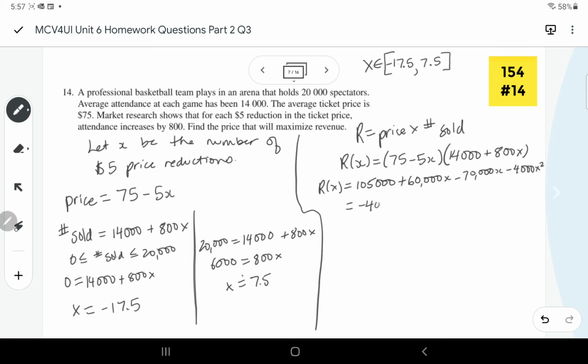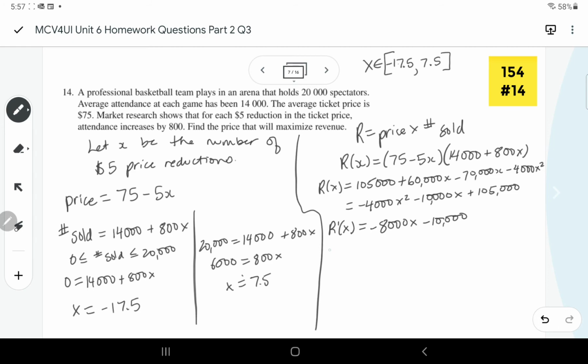So I've got negative 4,000x squared minus 10,000x plus $105,000. So the derivative would be negative 8,000x minus 10,000.